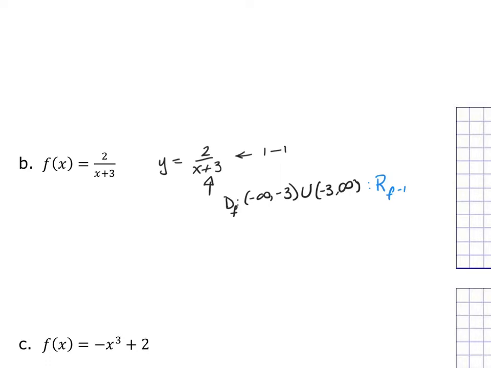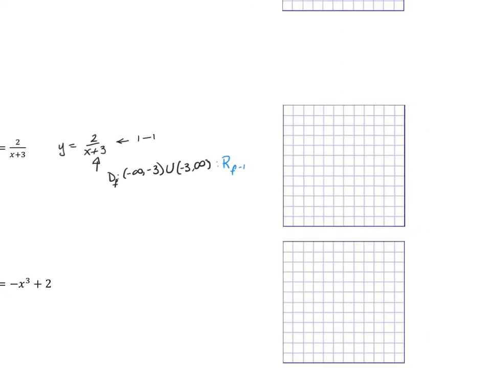Now, if I don't know what this graph looks like, then I'm going to come over here and do some ordered pairs. So x and then f of x. I can't choose -3, so I might choose -4. Actually, let me start with -5. -5, -4, can't choose -3, so then maybe -2, -1, 0.